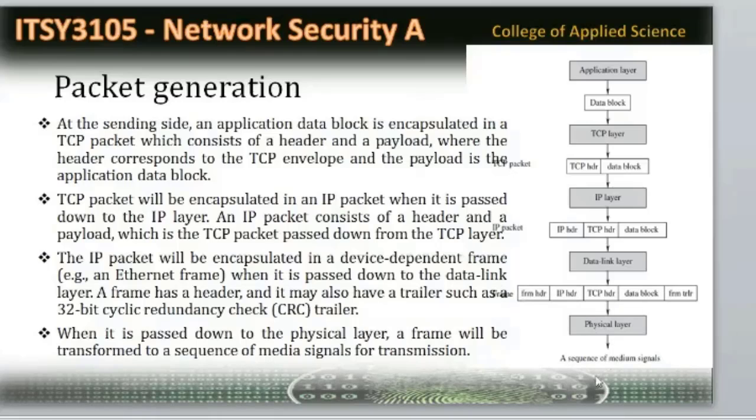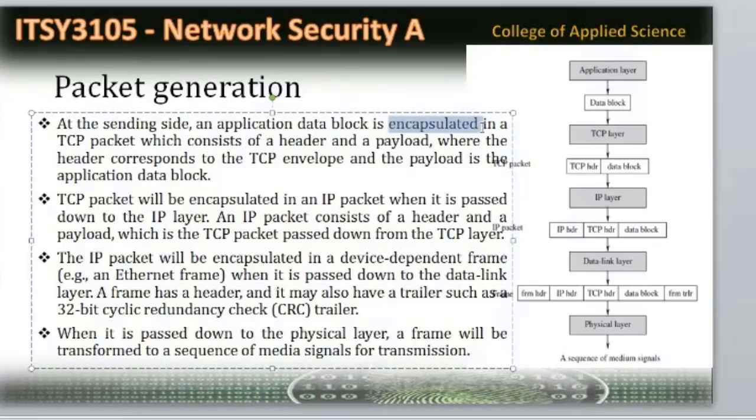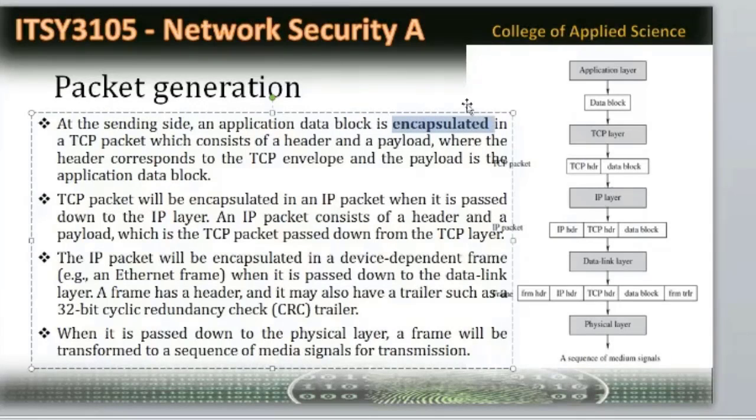Now the frame is a sequence of medium signals. It will be converted into signals and sent in the cable, in the medium. This is called the packet generation concept. This is how things are added in every layer. This entire process is called the encapsulation process. You can see the word encapsulated.